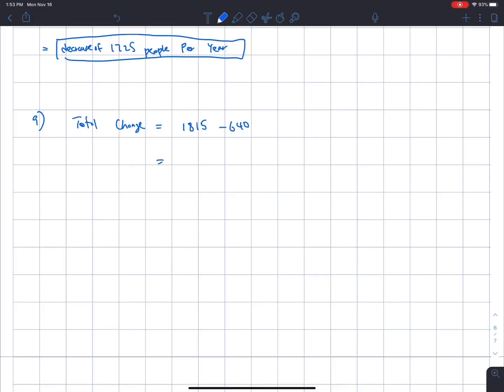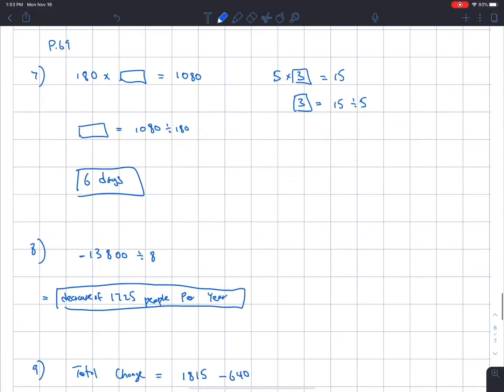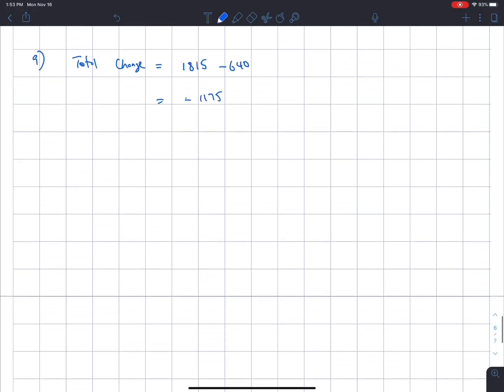Because it's going down, I should actually make this negative. Same with the previous problem, it should be negative, because they are losing money. So the total change is negative 1,175.